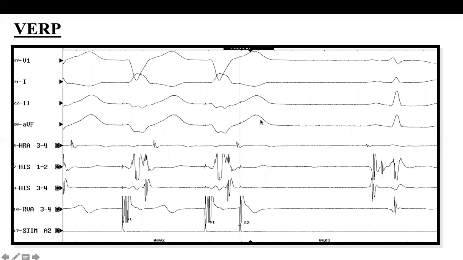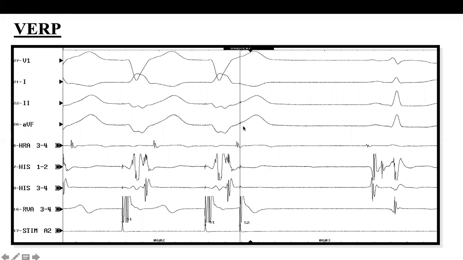So with no capture you have two reasons. One of the reasons is that you are reaching the effective refractory period, or the output is very low. Okay, but we know that the output is okay, so it's capturing all the time. Why here not?